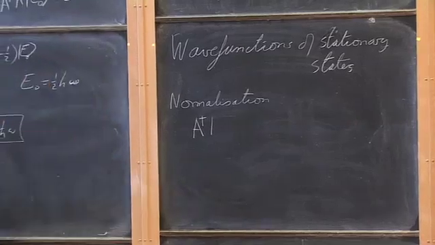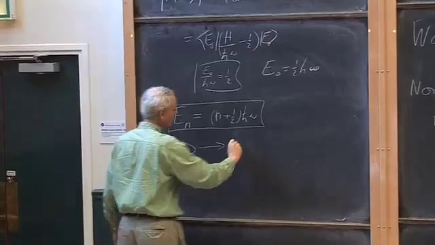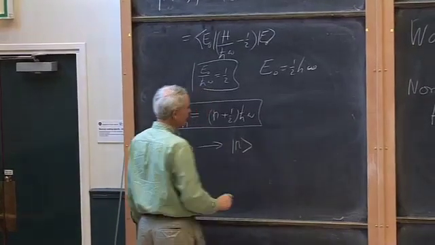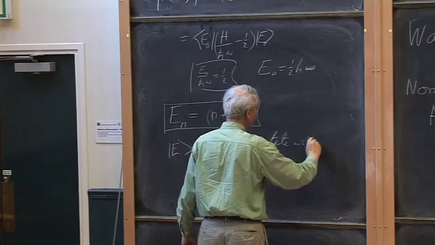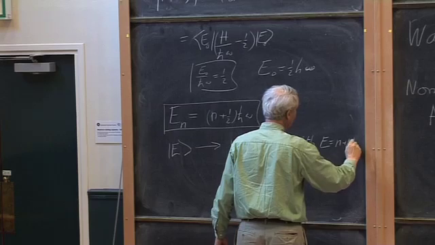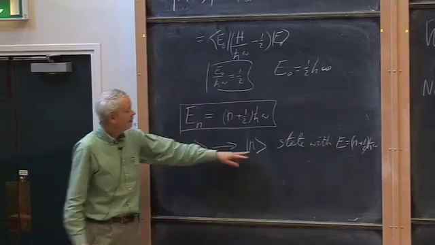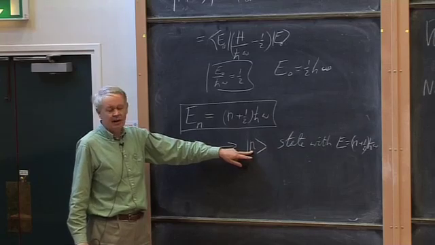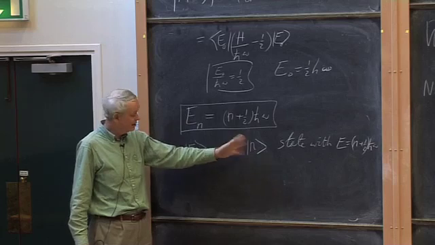What previously I'd called E is going to go to N. So this is the state with E equal N plus a half h bar omega. We could write En in here, but everybody writes just N. It saves energy. It works well.